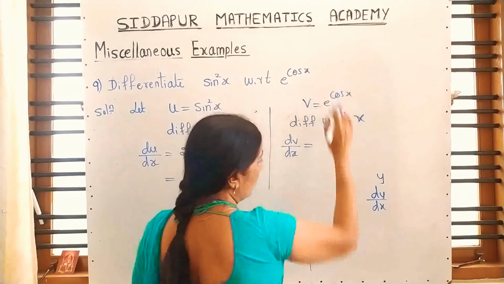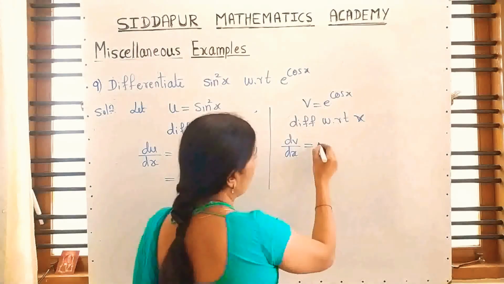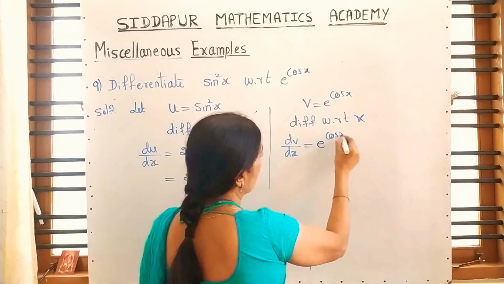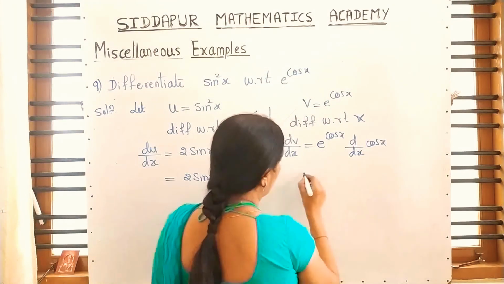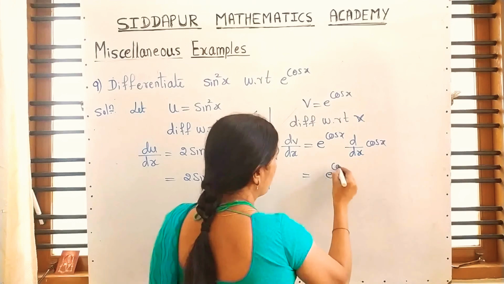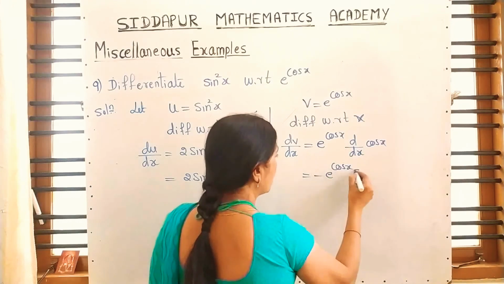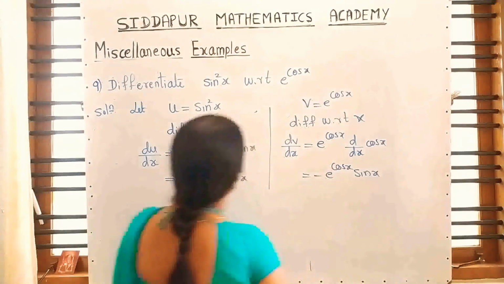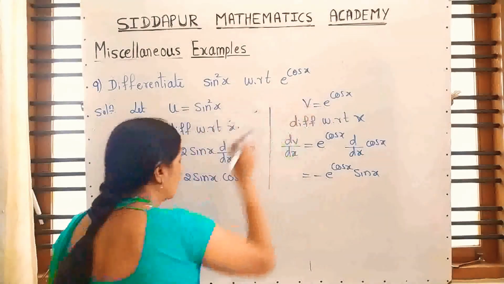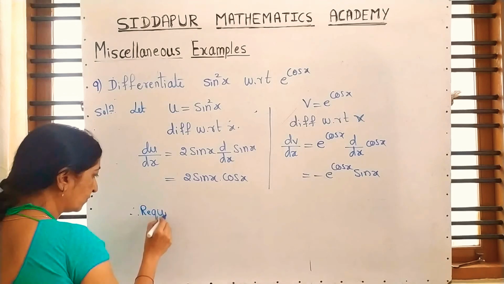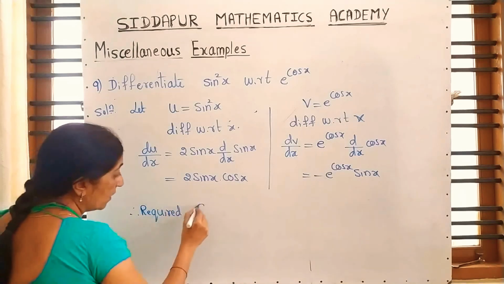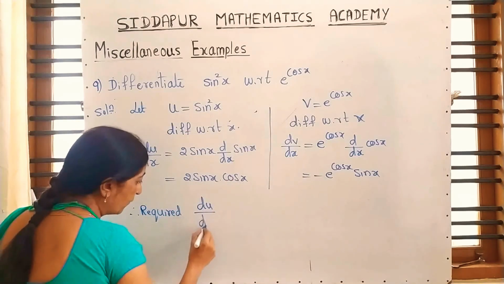It is in the form of e raised to x. Differentiation of e raised to x is e raised to x into differentiation of cos x. e raised to cos x, differentiation of cos is minus sin x. See, this with respect to this. Therefore, required is du upon dv. Understood?